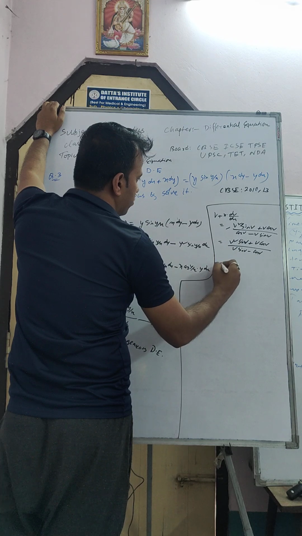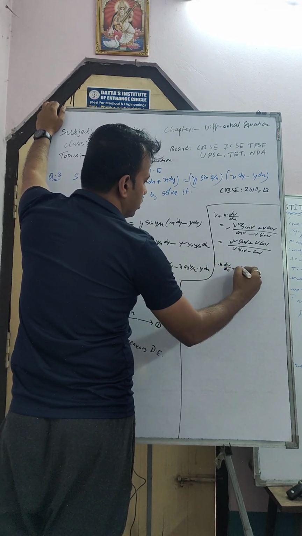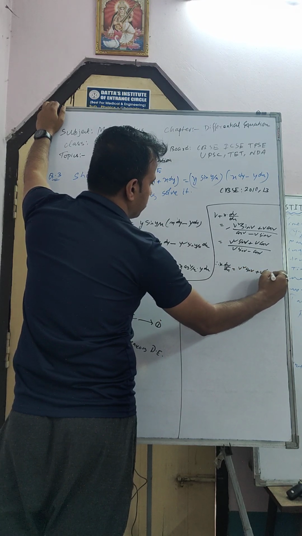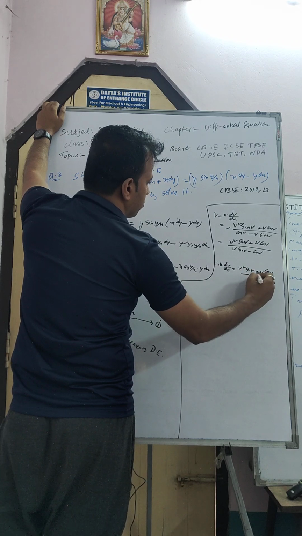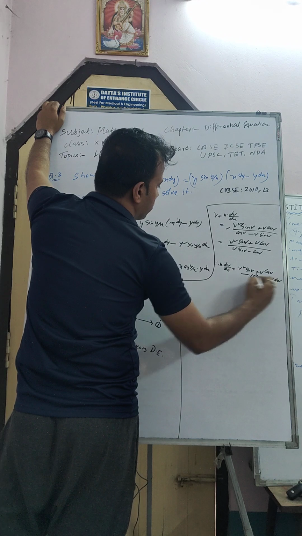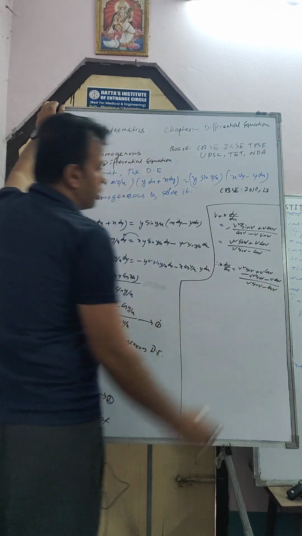So now therefore x into db by dx, write b here, b square sin b plus b cos b minus b square sin b minus b cos b by b sin b minus cos b.